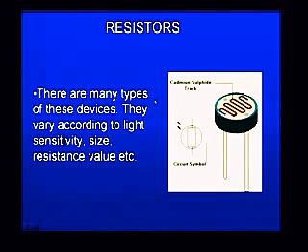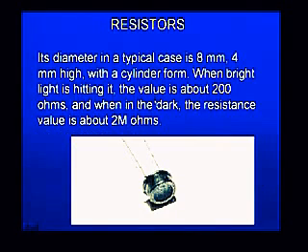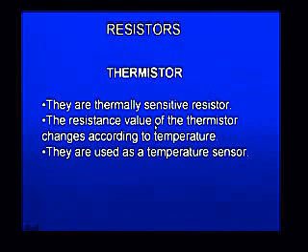This is the circuit symbol. Now this is an actual photograph of an LDR. The typical case of an LDR is around 8 millimeter in diameter, 4 millimeter in height, and it is in the form of a cylinder. When bright light is on it, it will be around 200 ohms, and when in darkness the resistance can be more than 2 megohm.